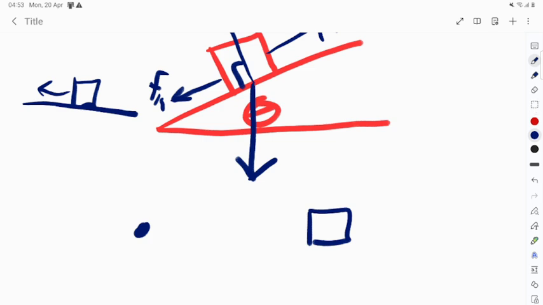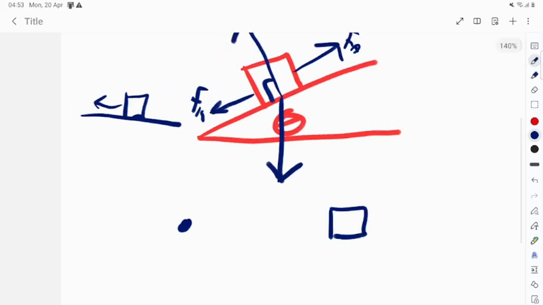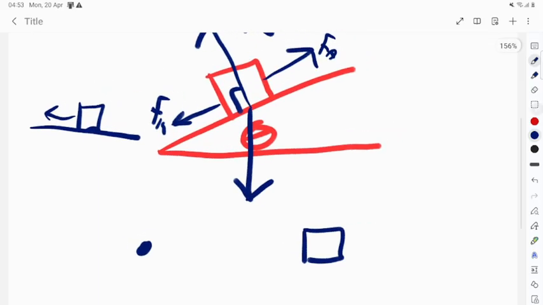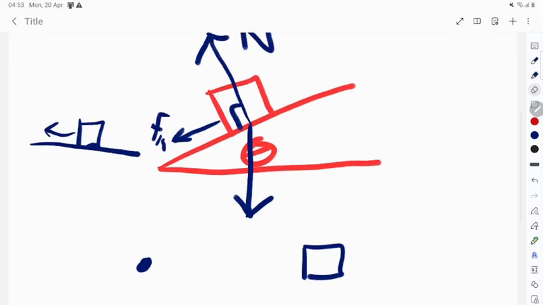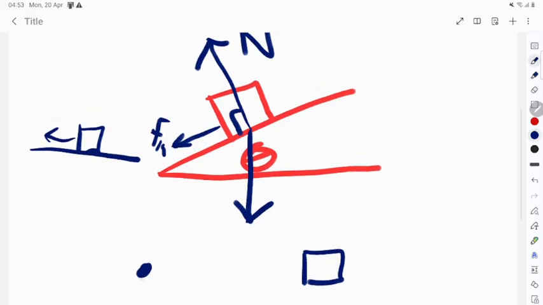In this case, if I was told that this block is stationary and I didn't have any force applied, and I was doing a free body diagram, the force that's always there will be Fg, the force of gravity. Then I will have my normal force. You see I'm not drawing my normal force straight, but at an angle.